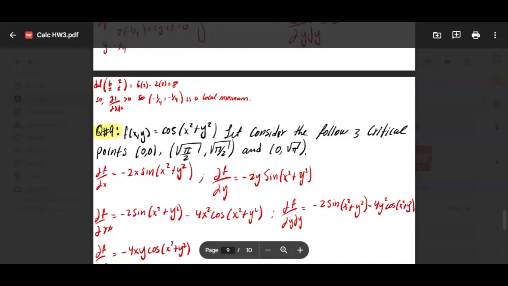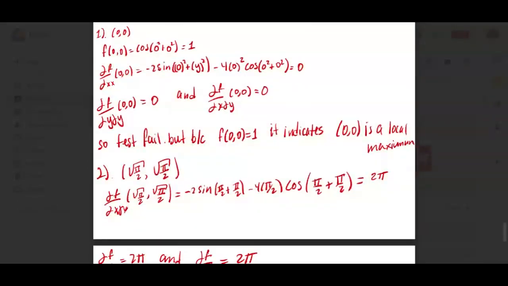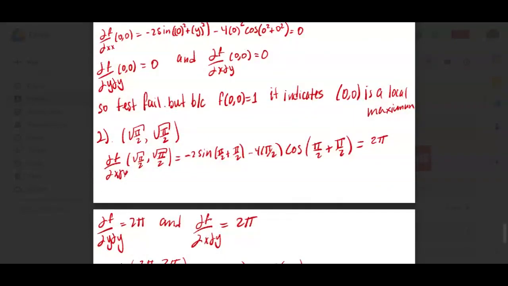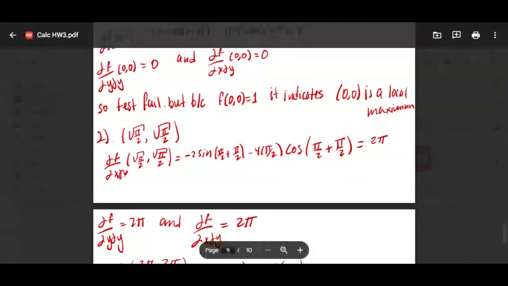All right. So now we've reapplied the same substitution for the critical point of square root of pi over 2 to our function, and I ended up with the second partial of f with respect to x being equal to 2 pi.